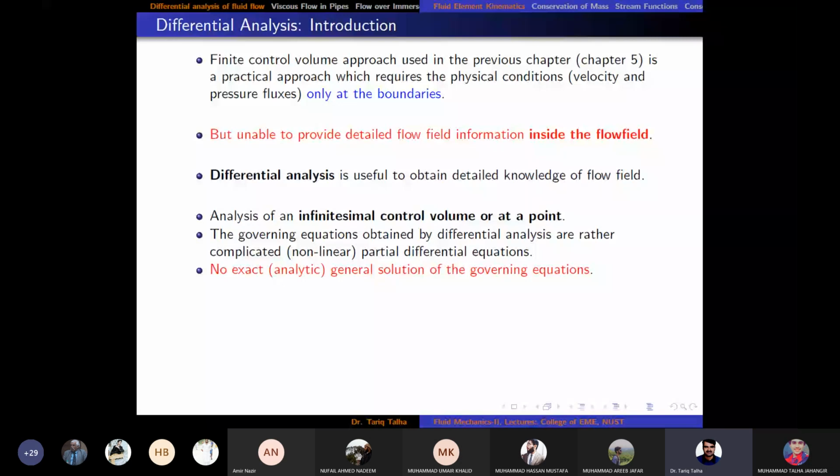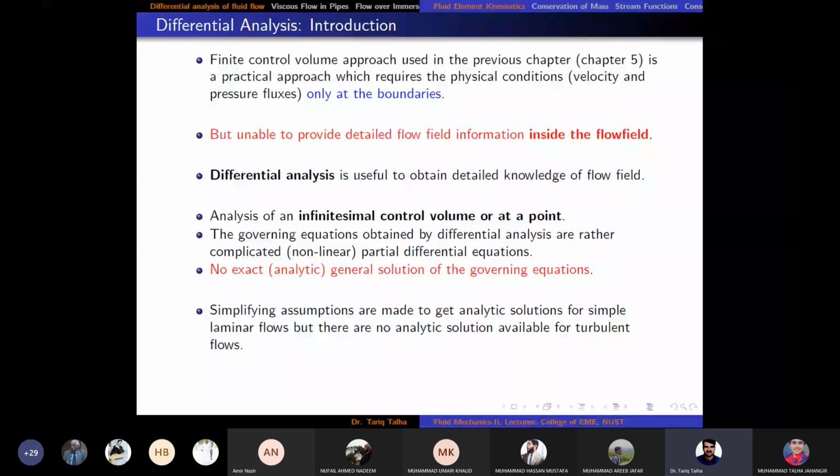So it means that we need to make simplifying assumptions for some simplified flows, like laminar flow through pipes. We can get the exact solution, but it is only applicable to laminar flow through a pipe, not for turbulent flow over some vehicle.